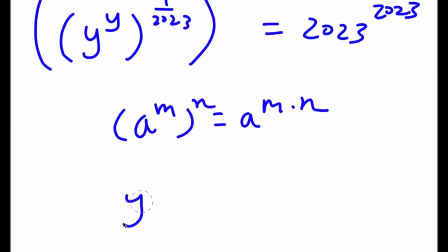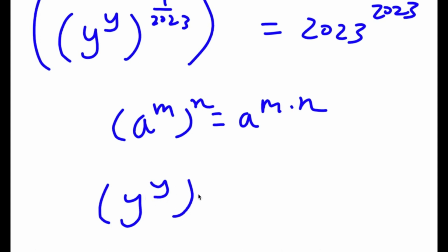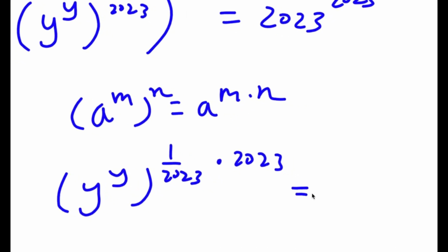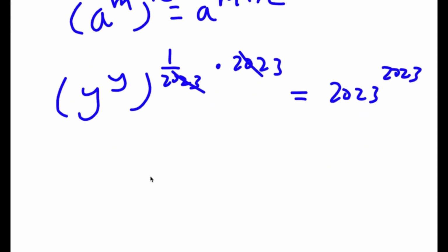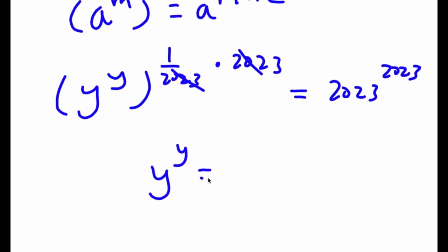So this would equal y to the power of y to the power of 1 over 2023 times 2023. And this is equal to 2023 to the power of 2023. So then these two would cancel out. So then I would be left with y to the power of y is equal to 2023 to the power of 2023.